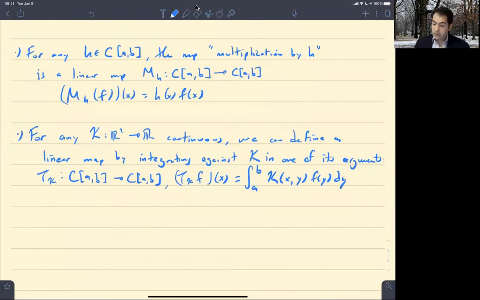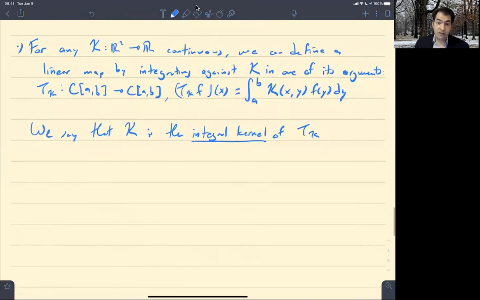You can think of the integral as being like a continuous form of summing, and so we're just taking the values of f and taking a linear combination, sort of a continuous linear combination where our coefficients are given by this function k. In this setting, we say that k is the integral kernel of this map T sub k.